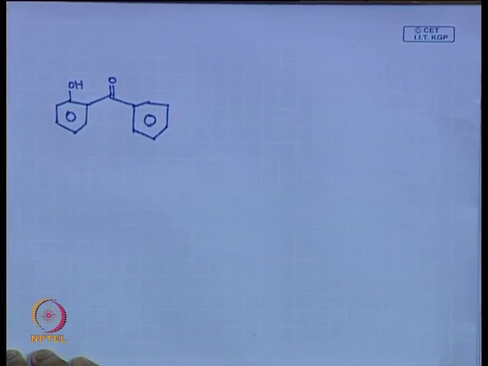So what happens in this reaction? Any idea? What reaction can it be? Yes. Oh, I have not written properly. Huh? Oh, it's not there.